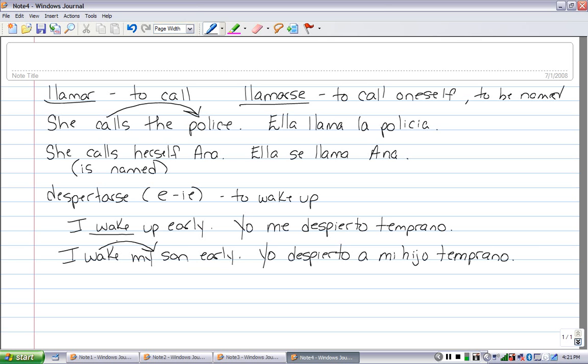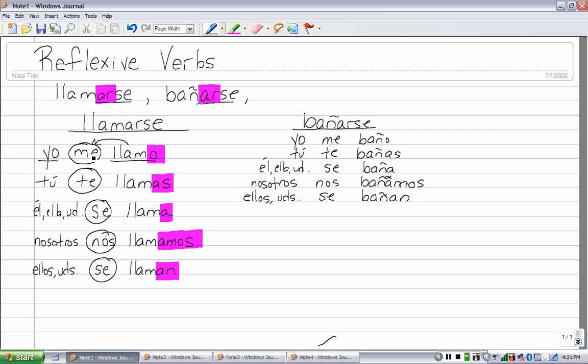So all of the verbs on page 237 that are listed there that have the pronoun se attached to the end of the verb, means that when you conjugate it, you have to put the me, te, se, nos, or se in front of them. You have to have it there. You cannot leave it out.